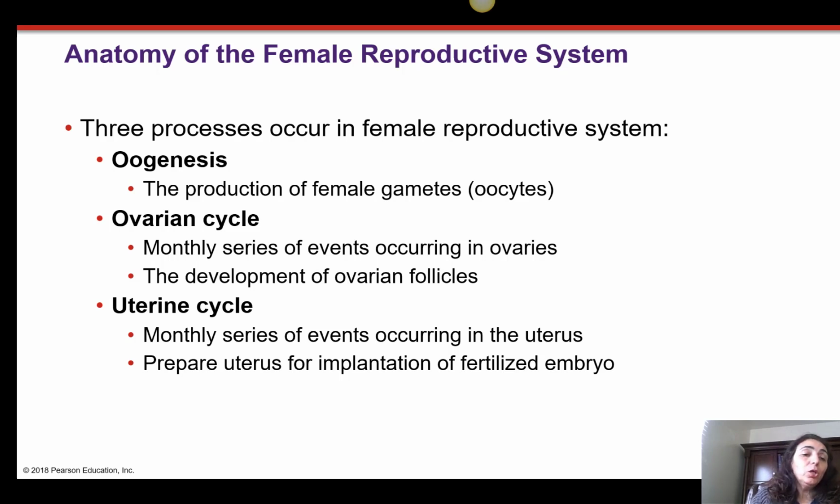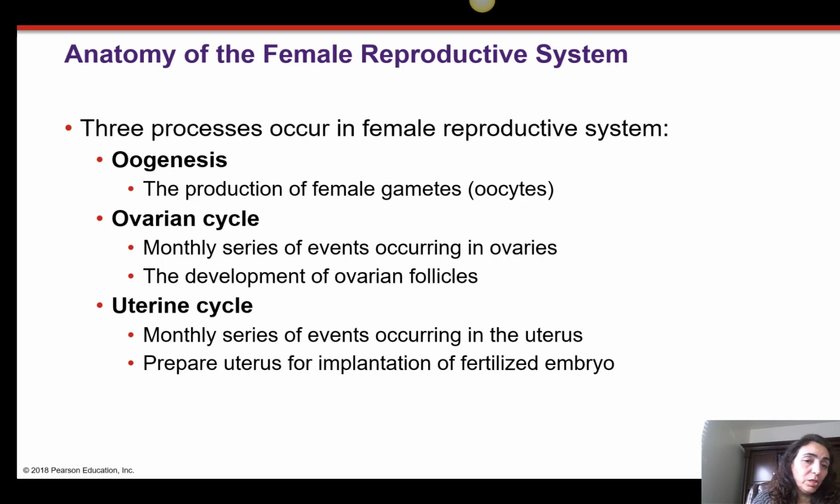Now let's talk about the oocytes, the gametes that are produced inside of the ovary. We have three processes occurring in the female reproductive system. The first one is oogenesis.